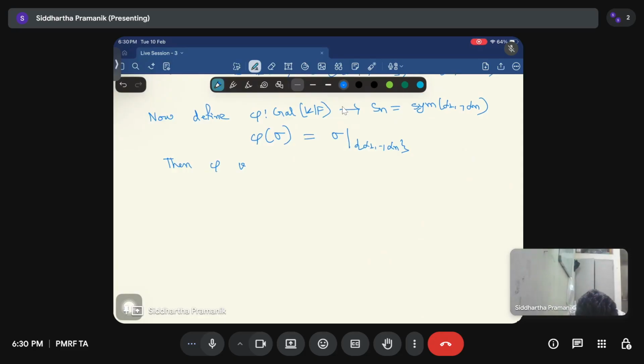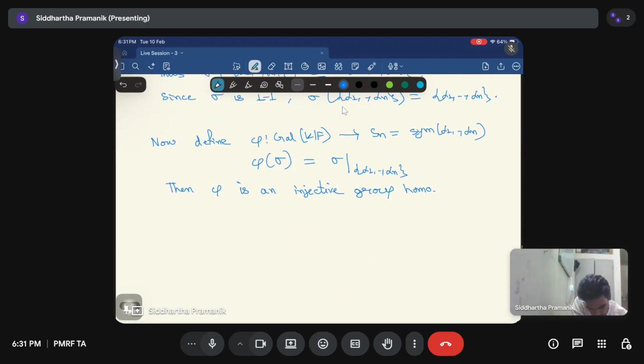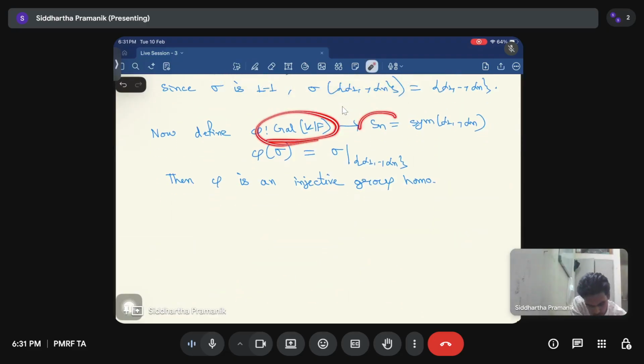Then phi is an injective group homomorphism. Proving this is an injective group homomorphism is a very trivial exercise, so I am leaving that. And this particularly proves the problem. So the Galois group has to be a subgroup of Sn.